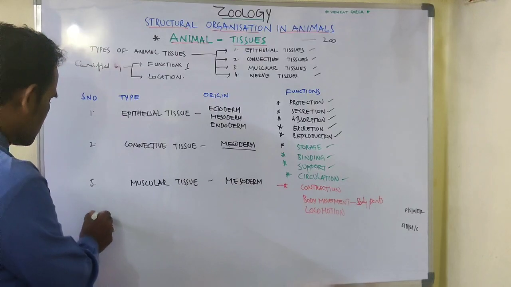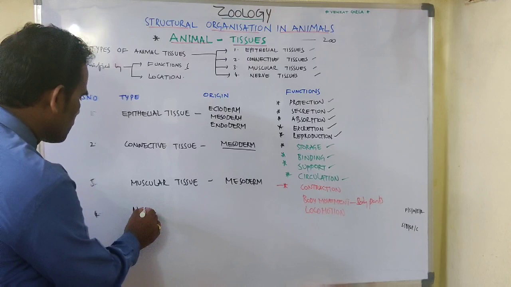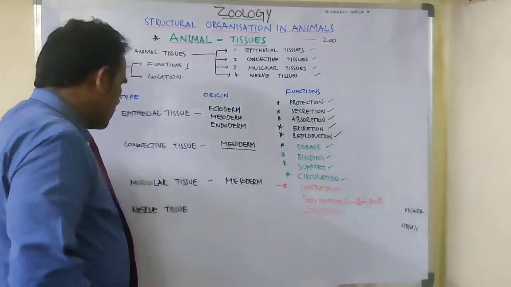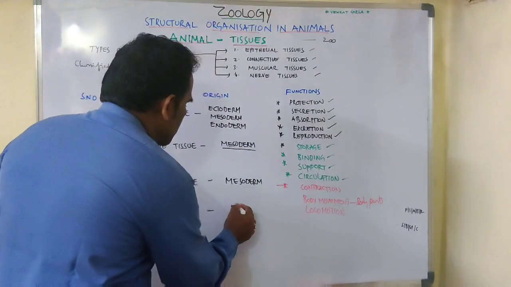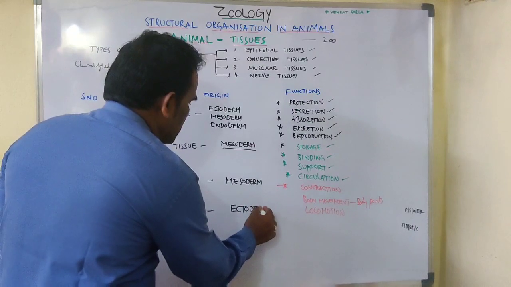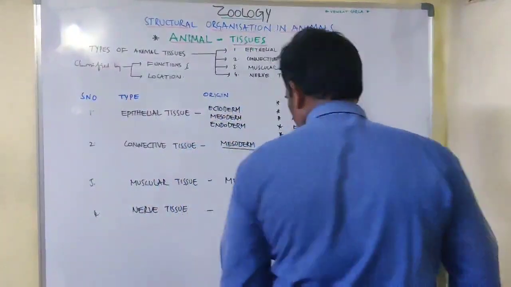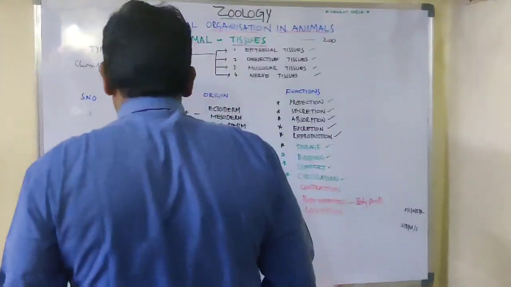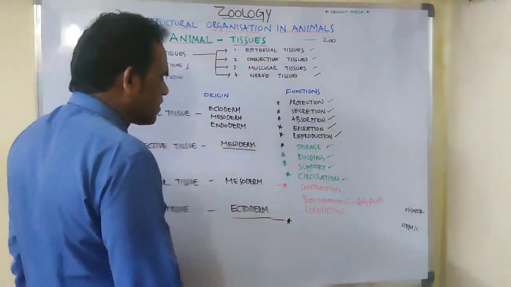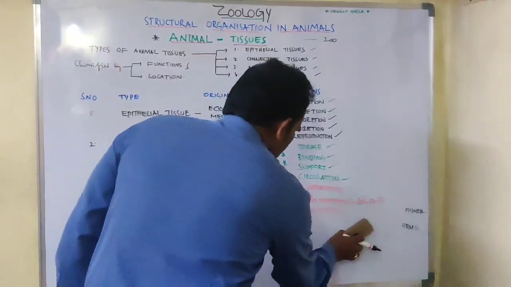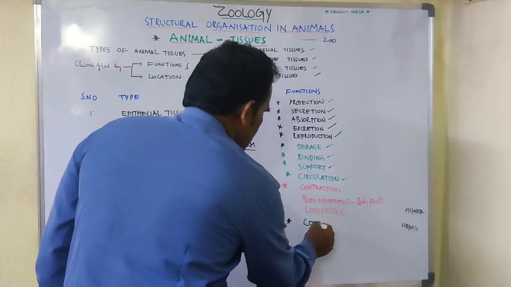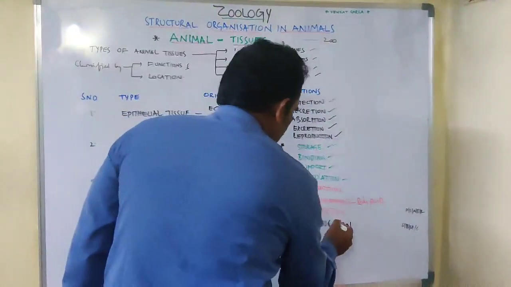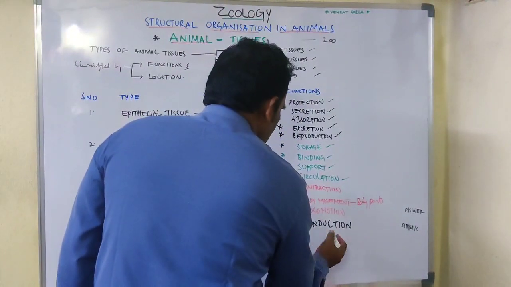Now coming to the last tissue, called nerve tissue or nervous tissue. This originates from the ectoderm germ layer of the embryo. The main functions of nerve tissue are conduction of nerve impulses, control and coordination.